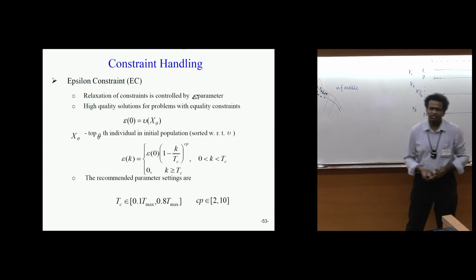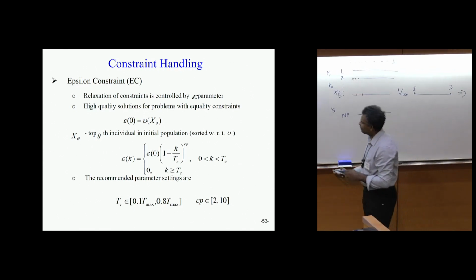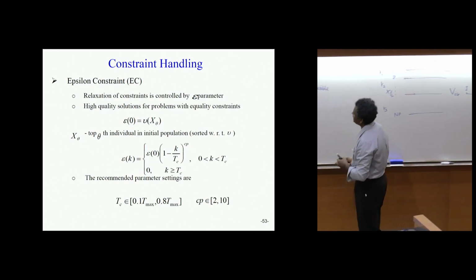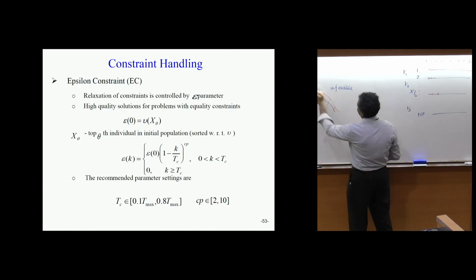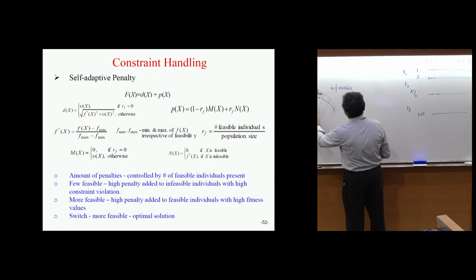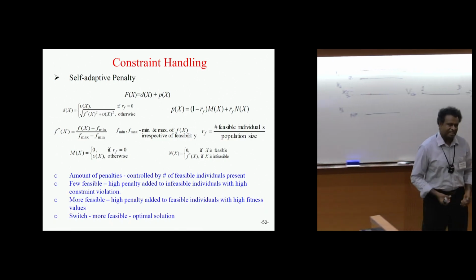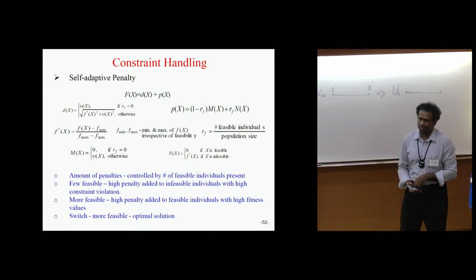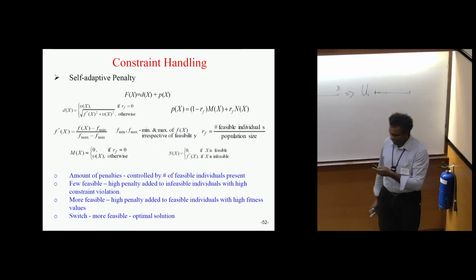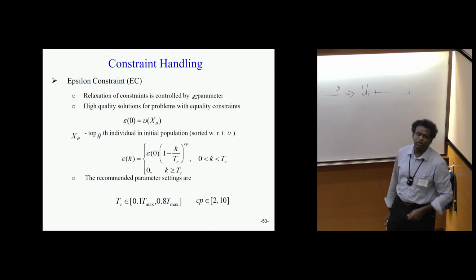Whereas the superiority of feasible method will say you cannot go here, you can only move to this point from this direction. Only from here you can go there. So that will make the search less effective than the epsilon constraint handling method.